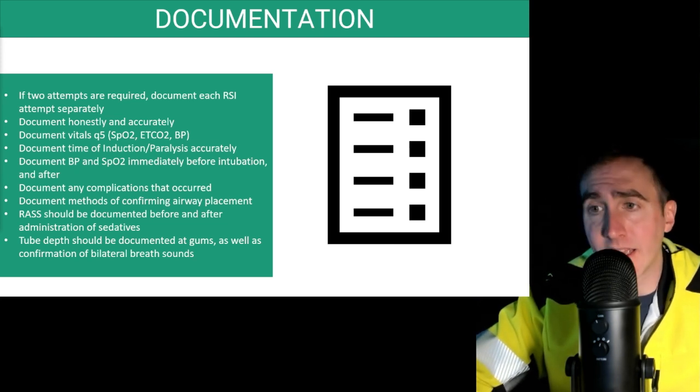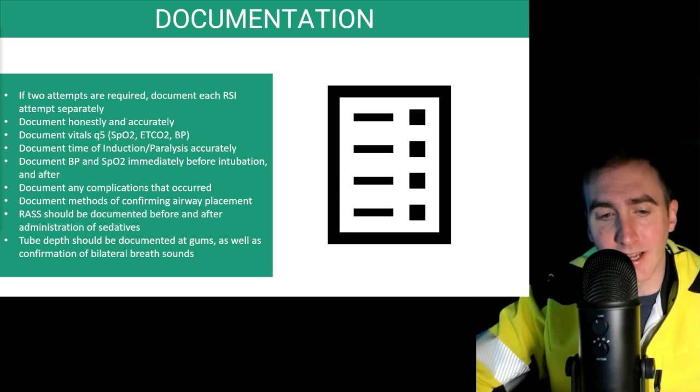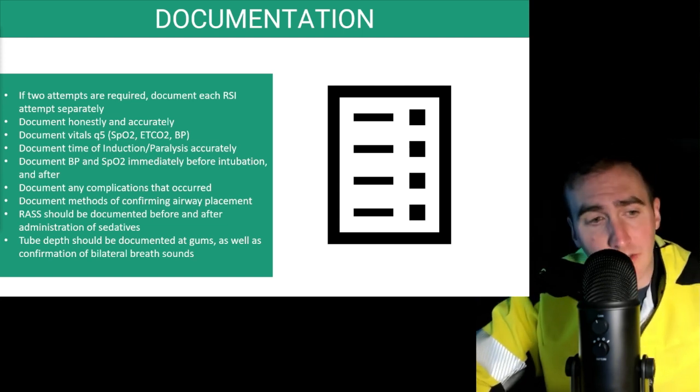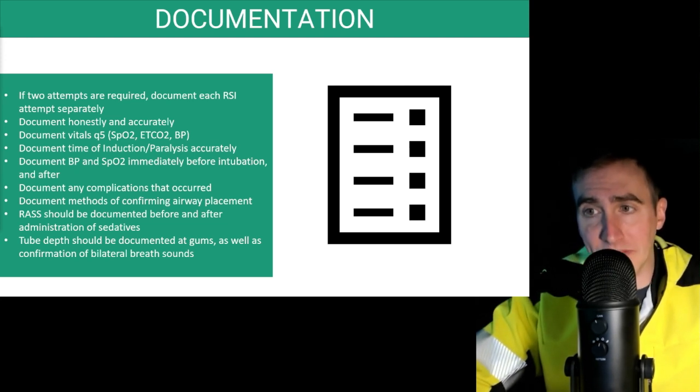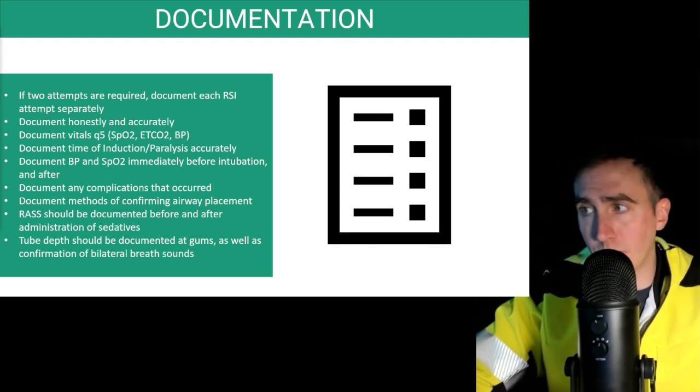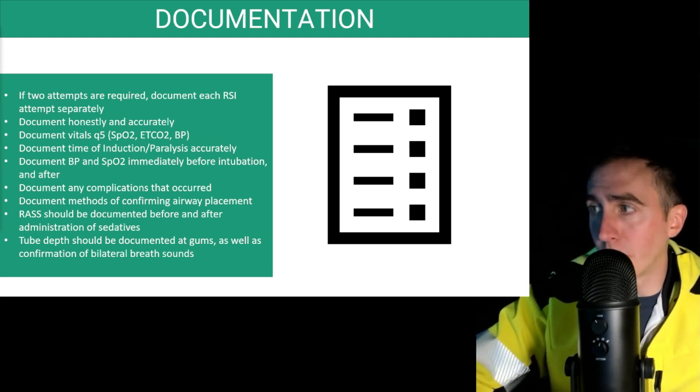But if you're delaying and giving the sedative or the induction to pre-oxygenate, so you perform delayed sequence intubation, then you're pre-oxygenating them for 3 minutes and then administering the paralytic, you need to document those clearly separately.